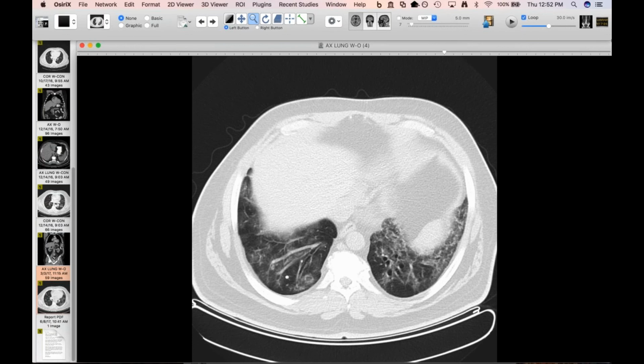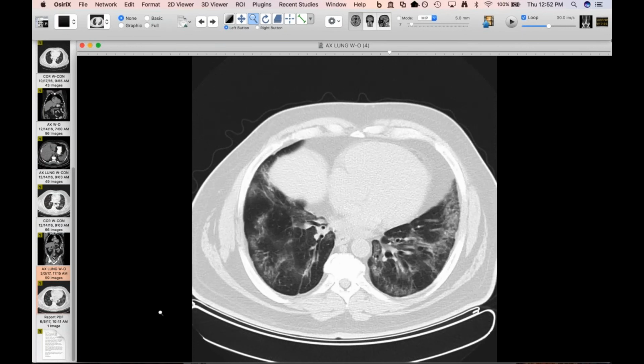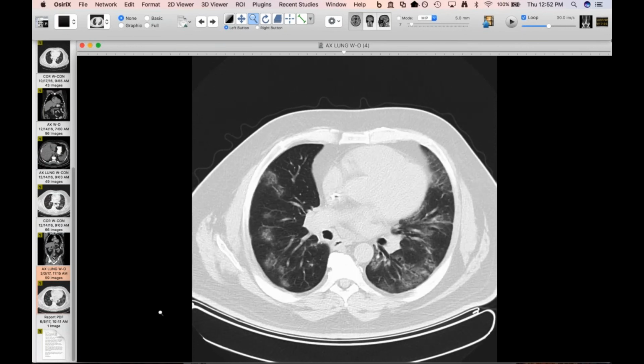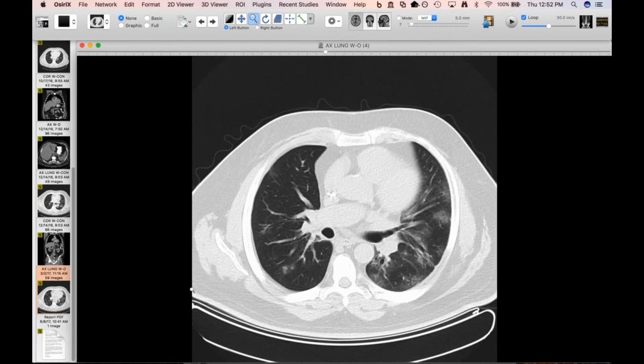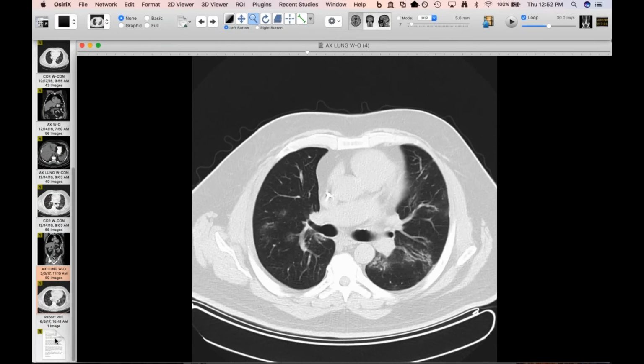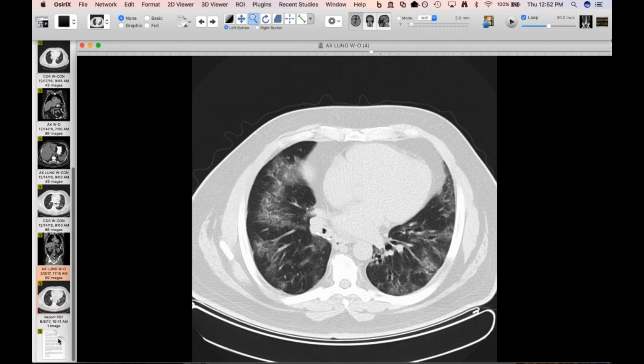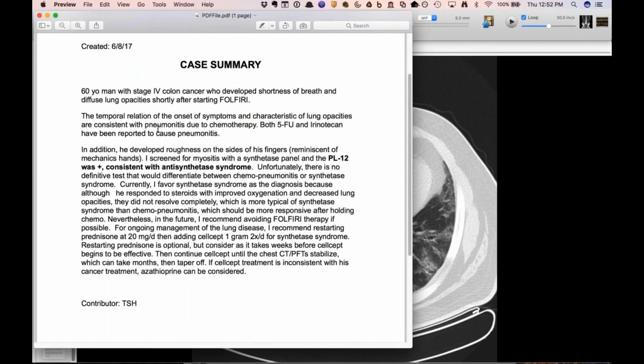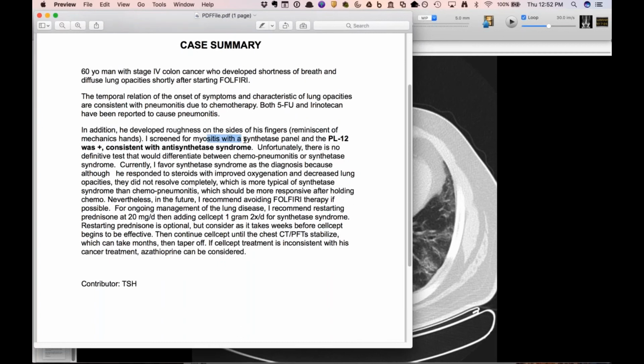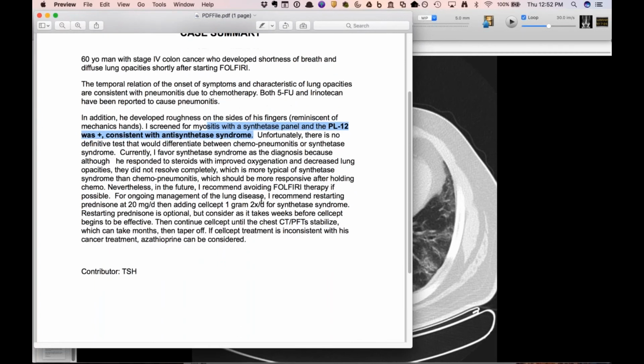And so we thought this was going to be a drug reaction from what he was on, but the ILD specialist that saw him did a nice thorough exam and noticed what he thought were mechanics hands, as I will show you here. As a result, he sent off a myositis panel, and it came back as PL12 positive, one of the anti-synthetase antibodies.